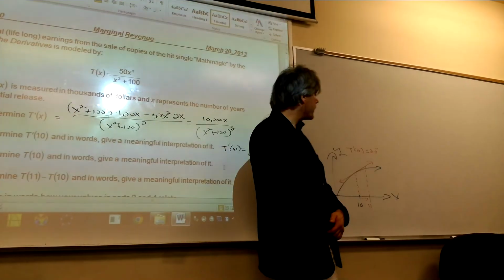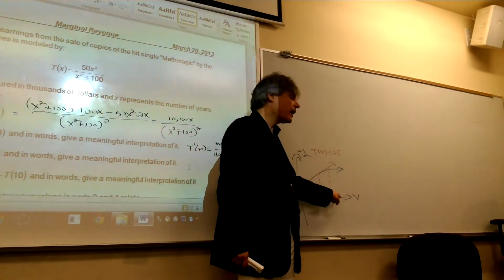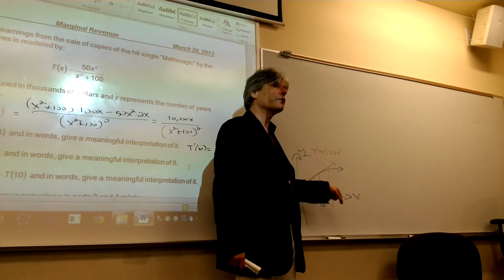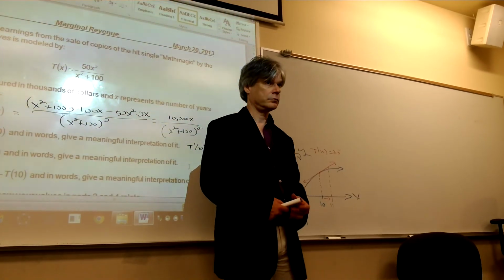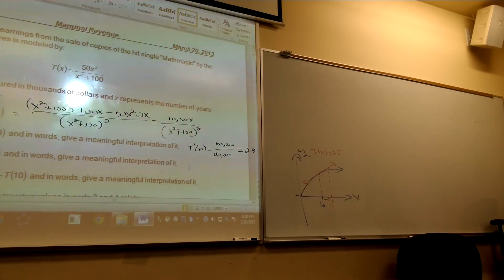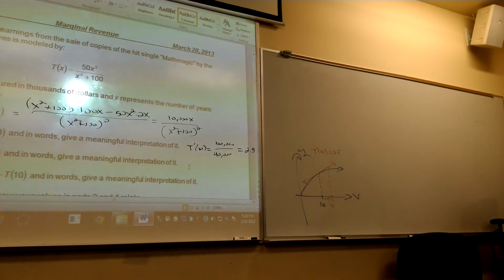Yes, because when you look at my graph, when x is equal to 11, the y value on the tangent line and the blue curve differ. Is there a way of subtracting that little sliver to find the exact? It's not beyond you.